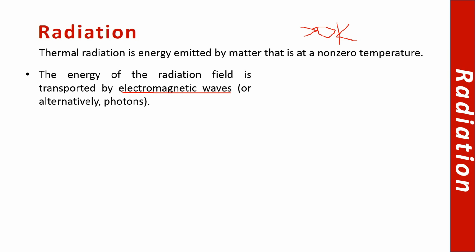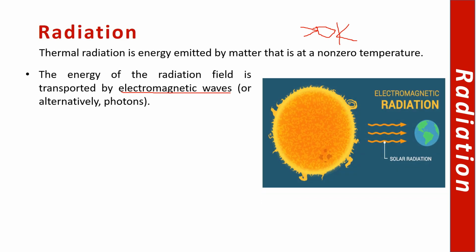Now, as I have mentioned, electromagnetic waves do not require a medium for their propagation, and this is evident from the fact that solar radiation comes to the earth because of the electromagnetic behavior of the waves. There is a space between the sun and the earth, and it still travels and reaches us.